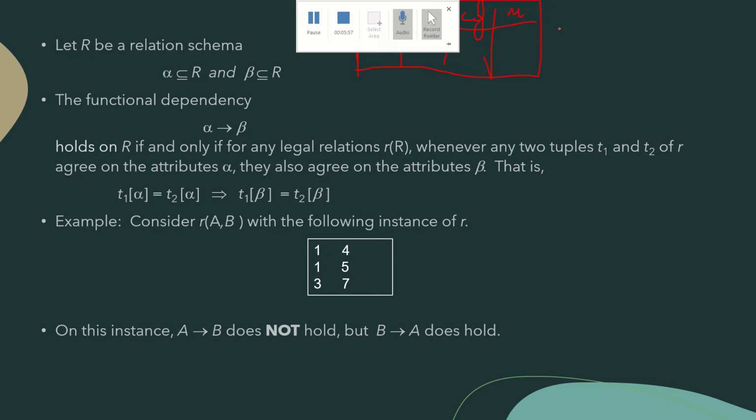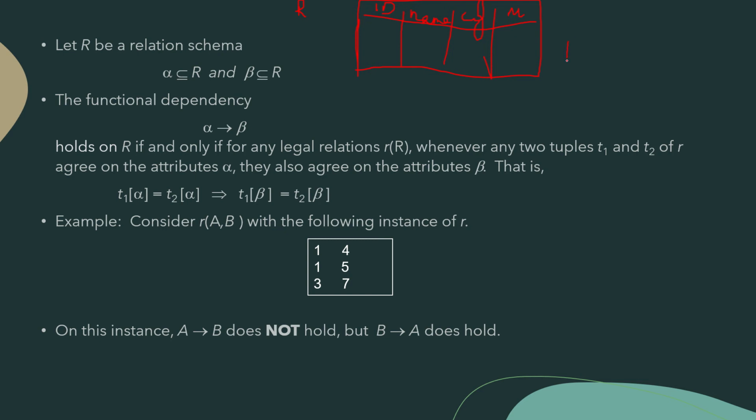Okay, so we have a table, the student table, which consists of ID, name, city, and mark. And how can we represent the schema R? The schema R can be represented as R is equal to, so what are the attribute values for this one?